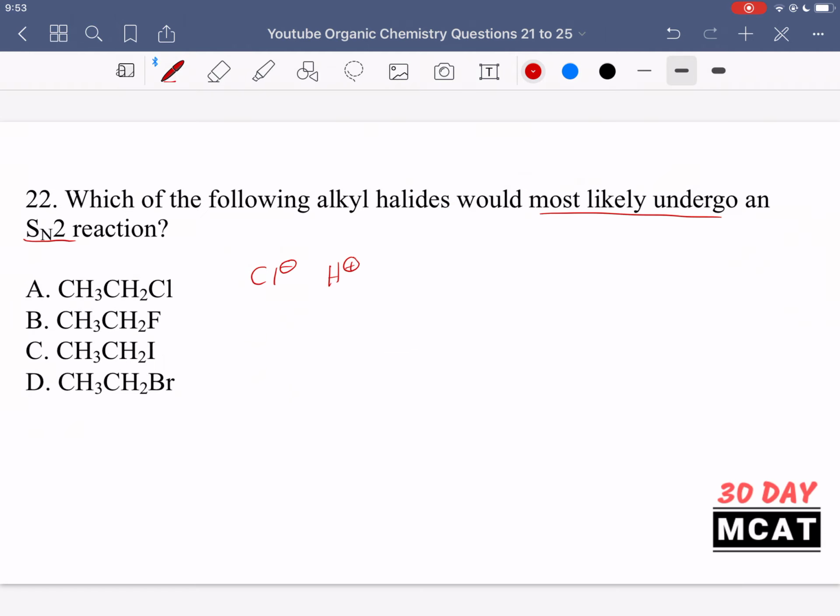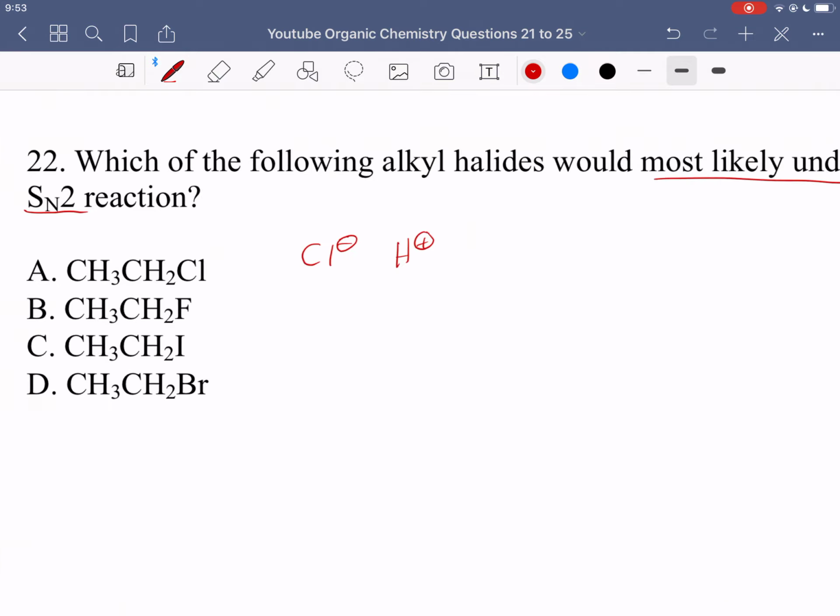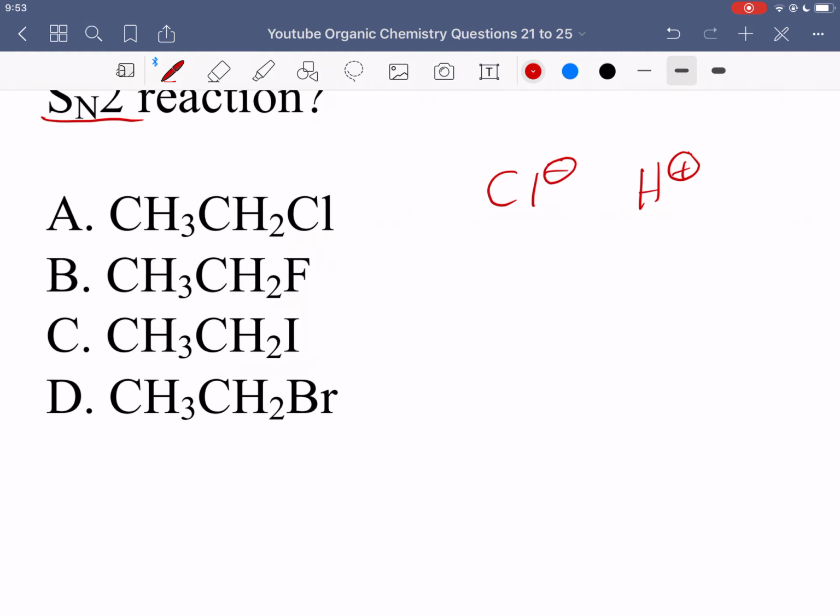The other thing that we need to consider is the strength of the bond between carbon and these halides. That depends on things like the bond length, bond energy, all of that. The carbon-fluoride bond would be pretty strong.